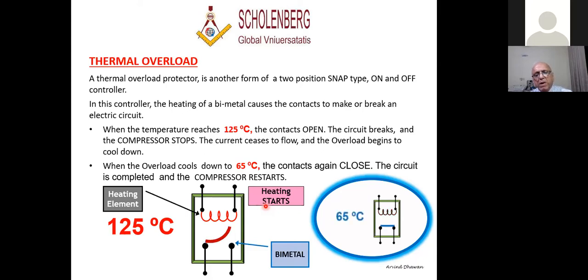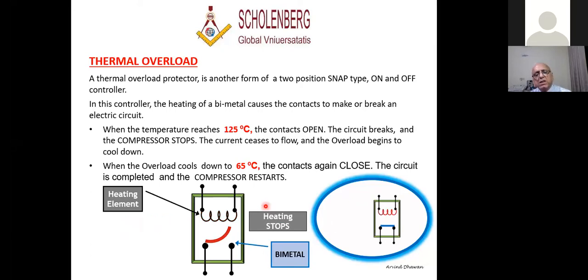This contact will open. Once this contact is open, it disconnects the supply to that equipment, the compressor, whatever the case may be. When you disconnect supply, heating stops, and cooling starts. The bimetal gets cooled down and closes the contacts when the temperature is 65. Typical application for a refrigerator. It can be applied the same with air conditioners. But this is now old. The new things we are using now are thermistors.